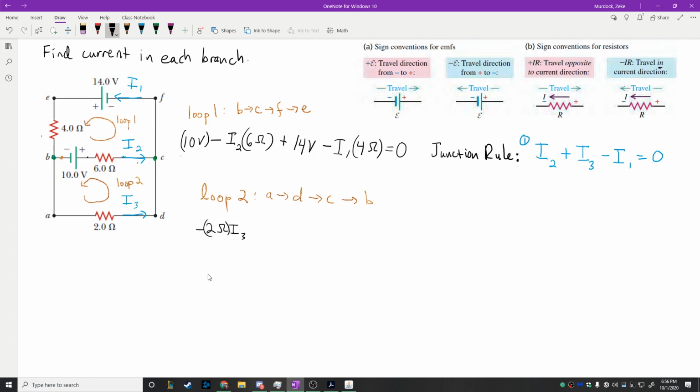You both said that you get 6 times I2. That's right, and it's positive because we're going against the current now. So it's going to be 6 ohms multiplied by I2. Your loop is to the left, your current's to the right, so they're opposite to each other. That's where the positive sign comes from. And then for the battery right here, you're going to get negative 10 volts.